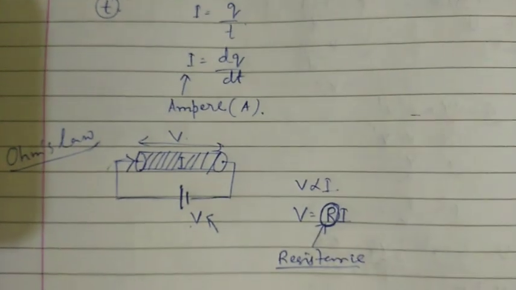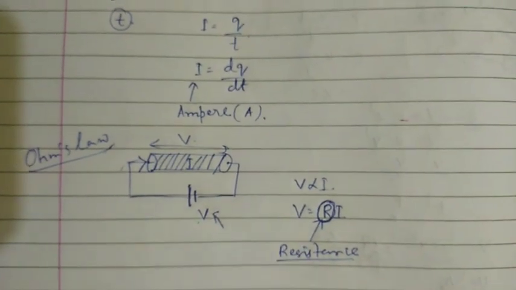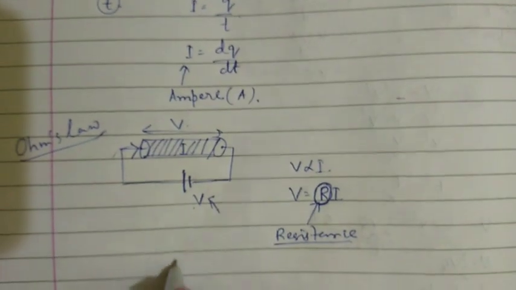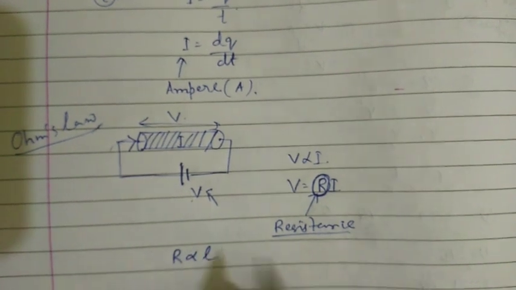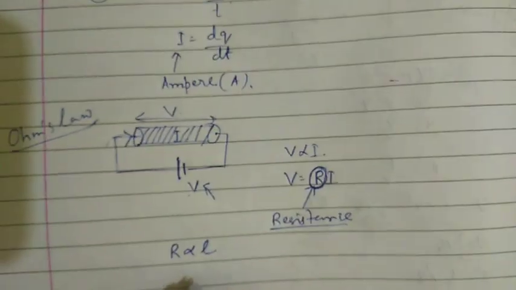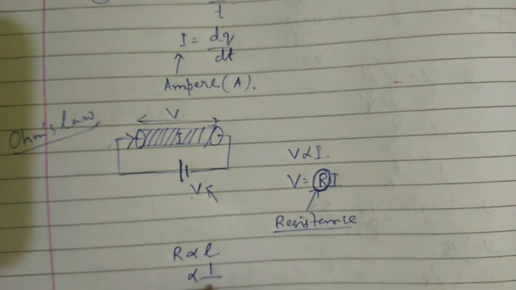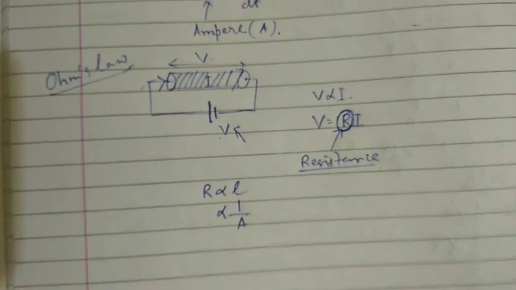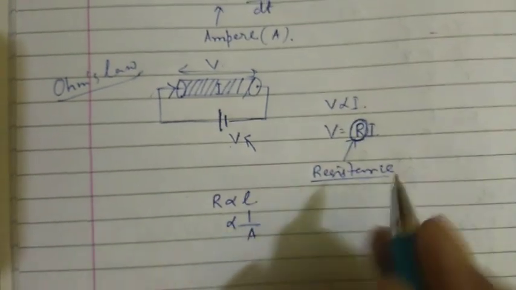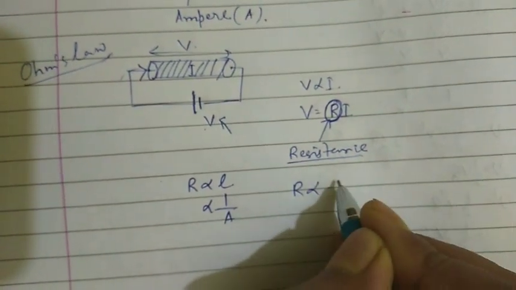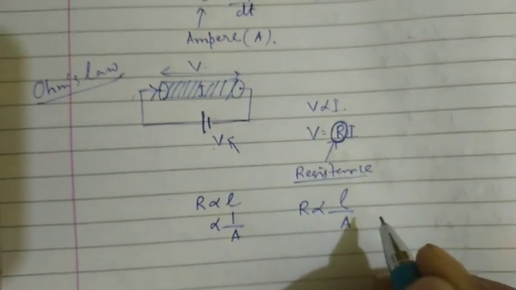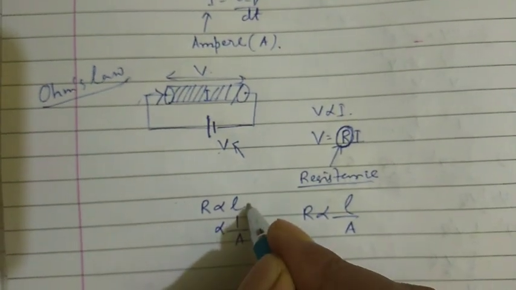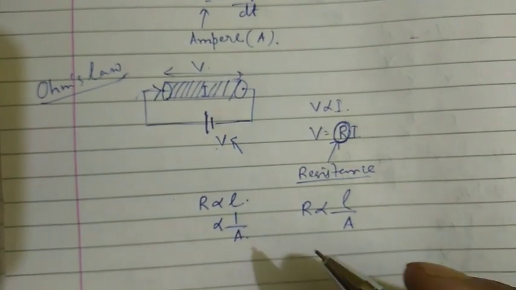And it is found that the resistance for a given wire is proportional to its length and inversely proportional to its area of cross section. And so you can write R proportional to L by A, where L is the length of the wire and A is the area of cross section of the wire.